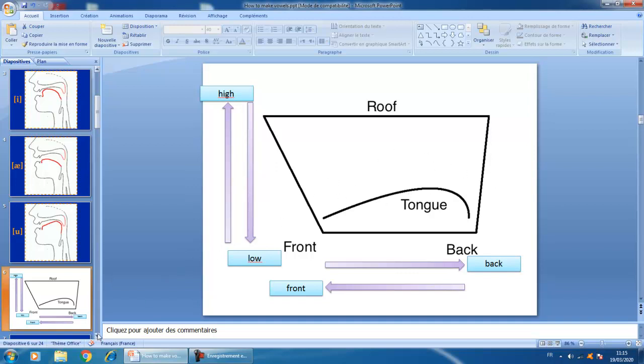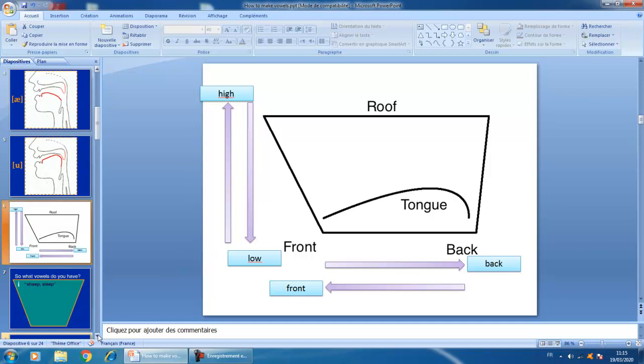So this is what we're going to take into account when we try to describe the vowels of English. We have the dimension of back as opposed to front, and the dimension of high or close as opposed to low or open.